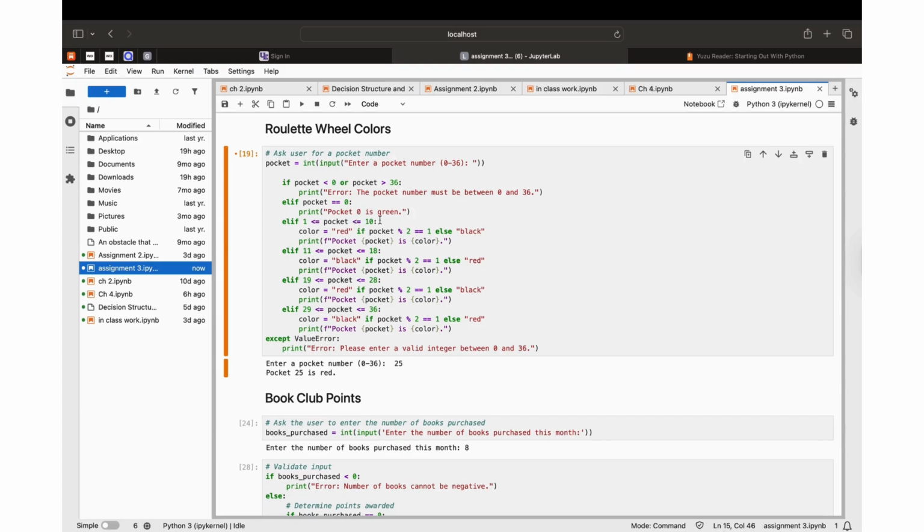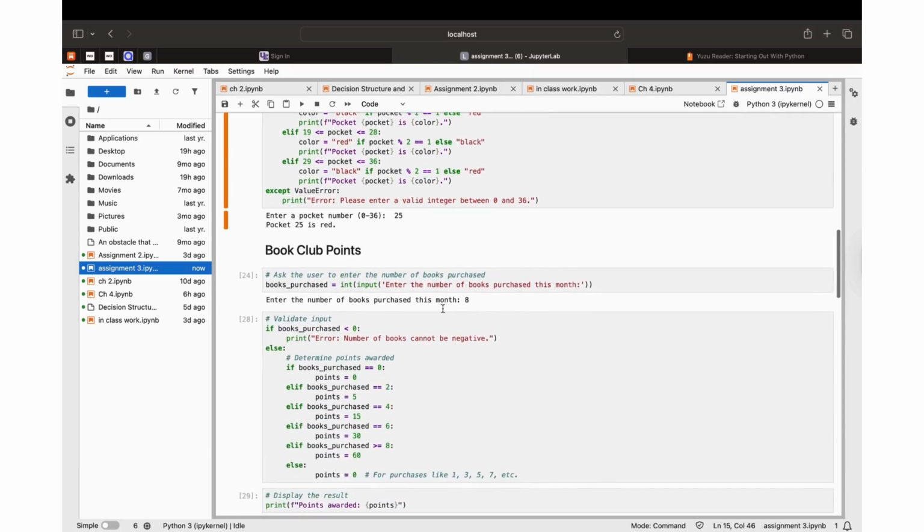Or if it's equal to 0, it's green. And then if it is less than or equal to 10, it's black, and then the rest of the colors. And if it's anything else, it's an error, and you have to enter an integer between 0 and 36. Since I did 25, it's red.